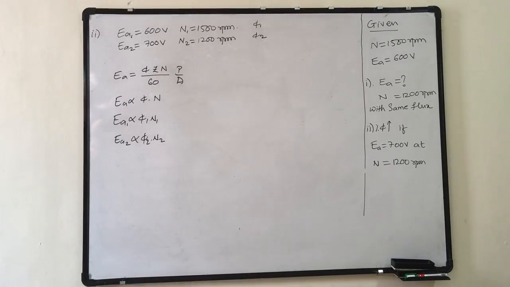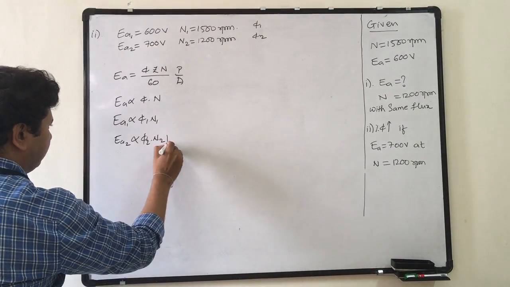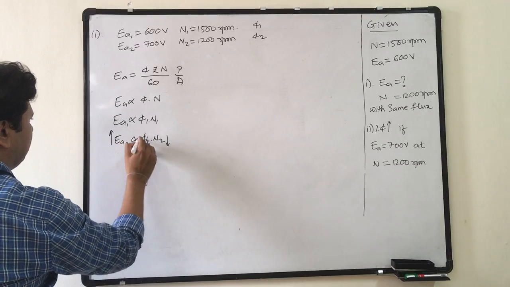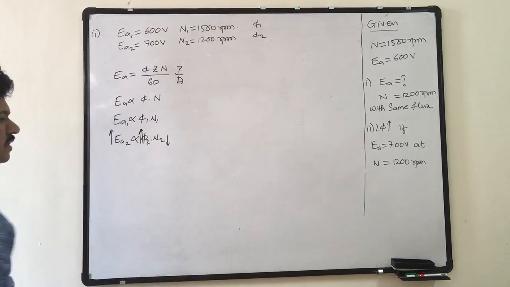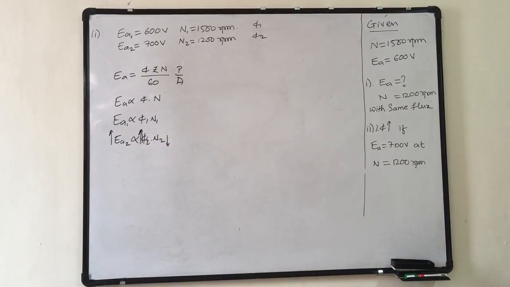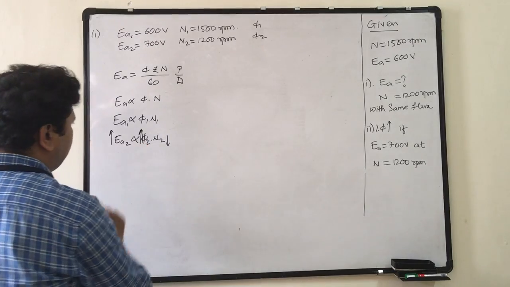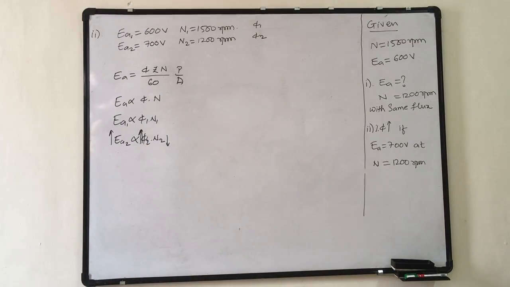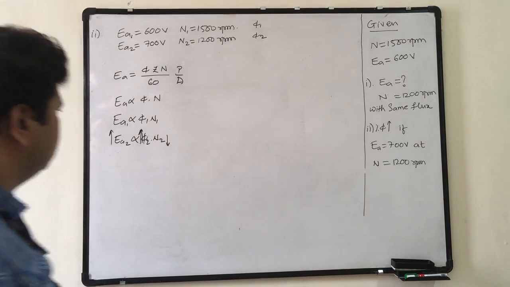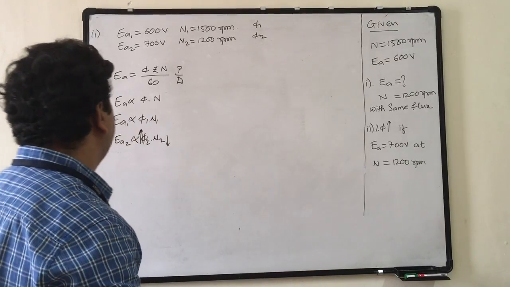Now N2 is reduced, EA2 is increased, so definitely phi 2 has to increase. That is why we are asked to find the percentage increase. I need to find the percentage increase in phi 2.